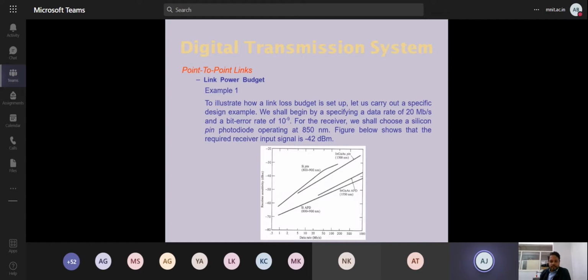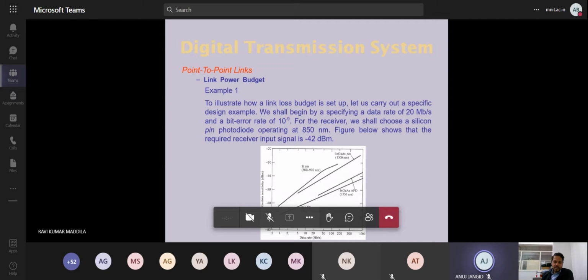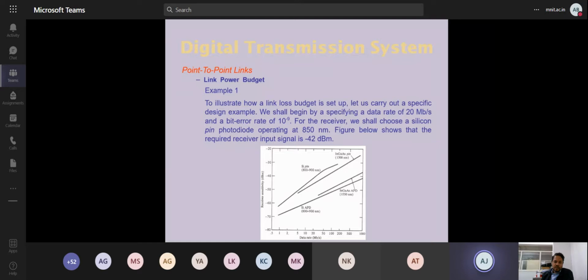This is an example of how link power budgeting can be used. If we have a data rate of 20 Mbps and a bit error rate of 10 to the power minus 9 for the receiver, and we are using a pin photodiode operating at 850 nanometers, the required receiver input signal is minus 42 dBm.